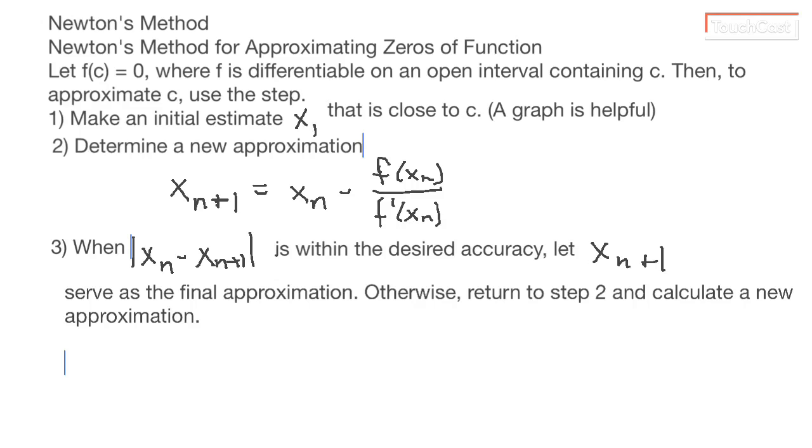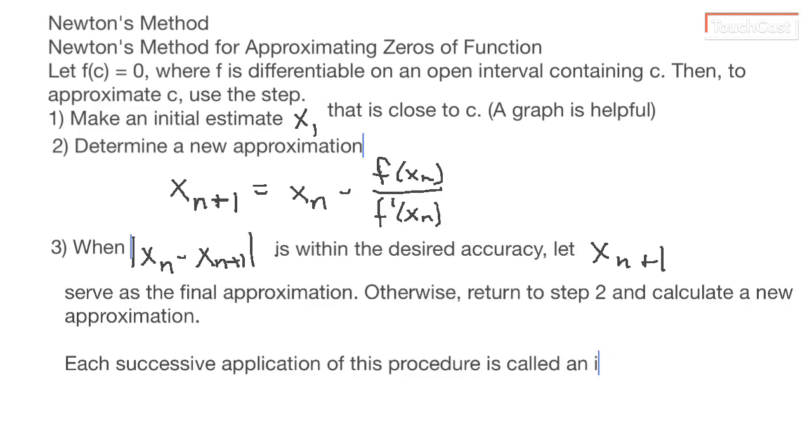What we can say is that each successive application of this procedure is called an iteration. So I said I was going to show you how we get the formula for step 2. I'm going to do that.